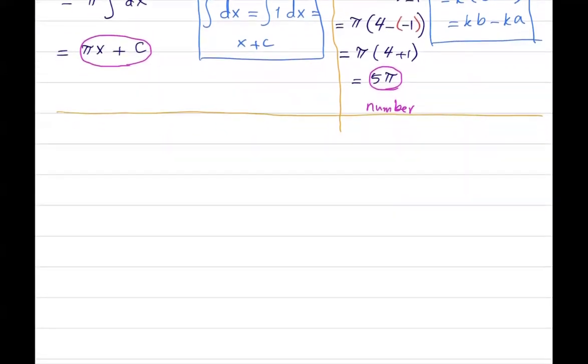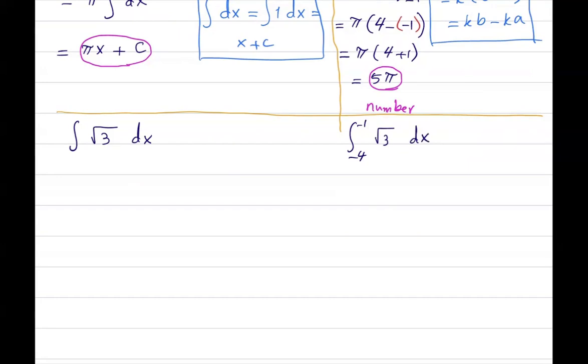Suppose I ask you to calculate the integral of square root of 3 dx, and also I ask you to calculate the definite integral from -4 to -1 of square root of 3 dx.